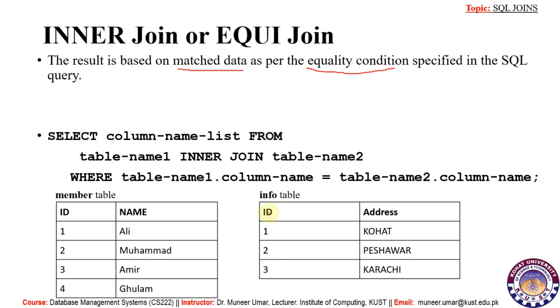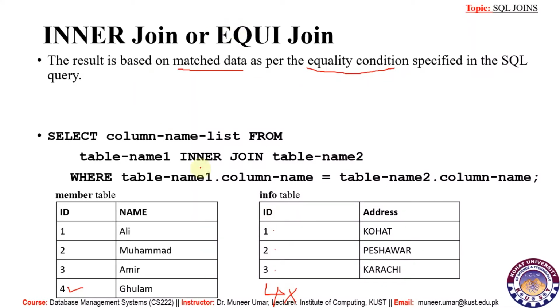Suppose here we have two tables. The first one is the member table, the second one is the info table. In the member table, we have IDs as 1, 2, 3 up to 4, and in the info table we have IDs as 1, 2, 3. There is no 4 in this info table.